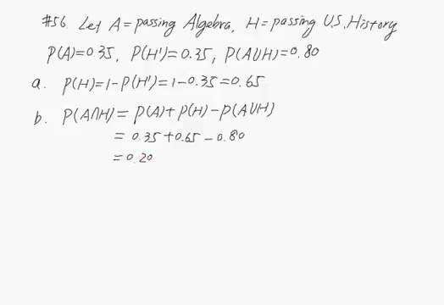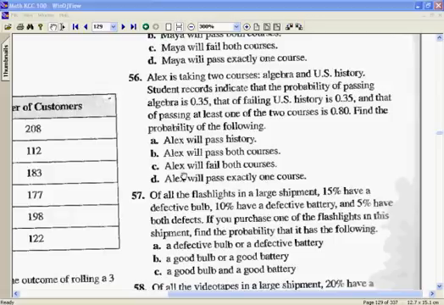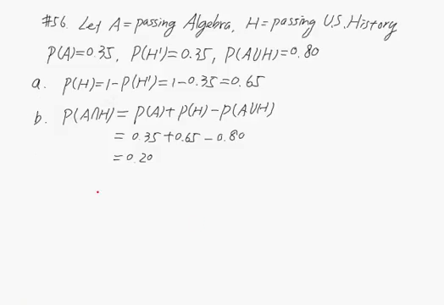Okay, now let's go to part C. Alex will fail both courses. Failing both courses, that means Alex belongs to A prime, at the same time belongs to H prime. So we need to find the probability of A prime intersection H prime.